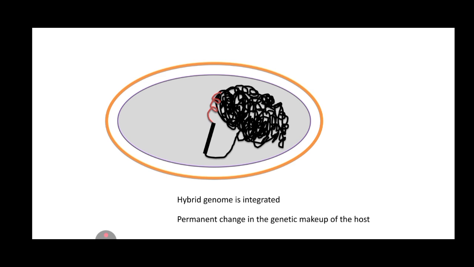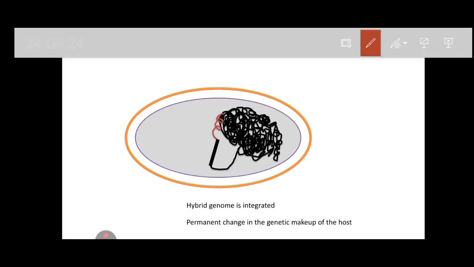In many textbooks, the example given for specialized transduction is the transfer of the beta galactosidase gene from one organism to another by a virus. For example, the organism is going through five generations. Until the fourth generation, the bacteria lacks the property to synthesize beta galactosidase.